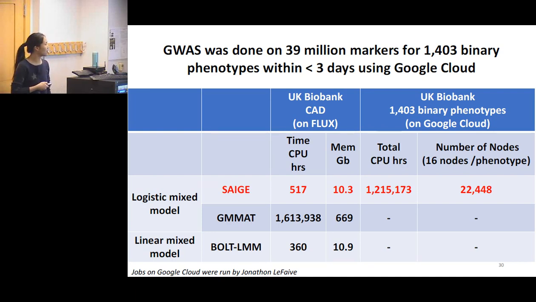So this is the actual benchmark that we show here. For each phenotype, we only need 10 gigabytes of memory and 515 CPU hours. But if you can imagine, if you used GMMAT, it would take forever to finish one GWAS.